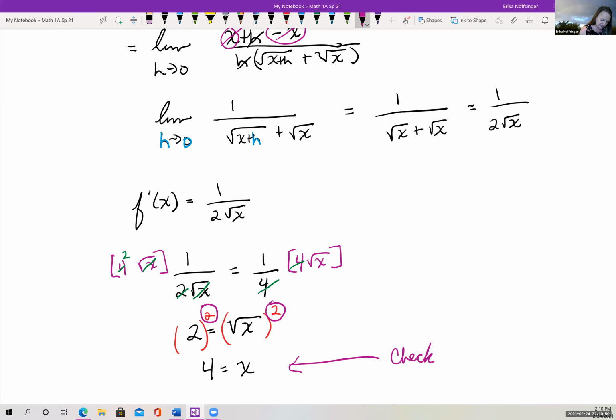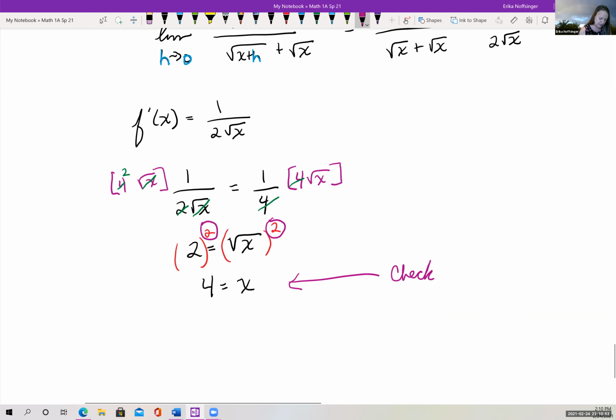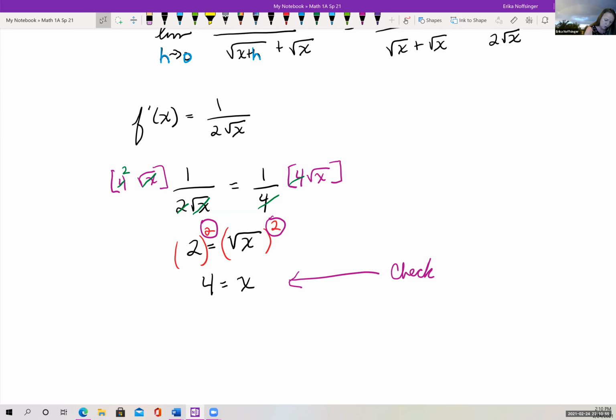We need to check: is a quarter equal to 1 over 2 square root of, plugging in 4 where we see an x? And I see that that is true.